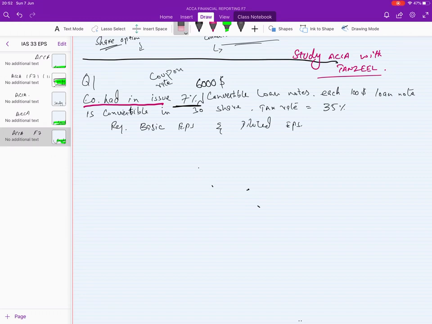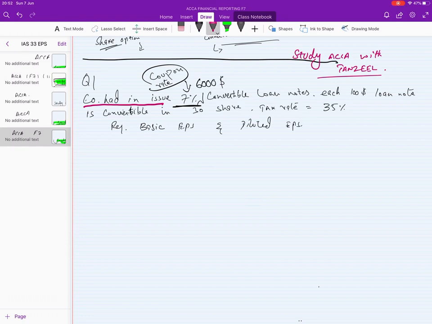This is the interest, 7%, you have to pay on your convertible loan notes.